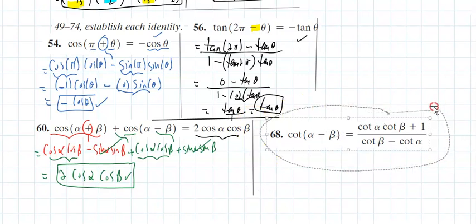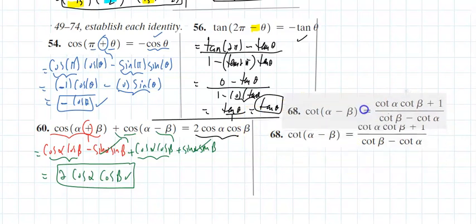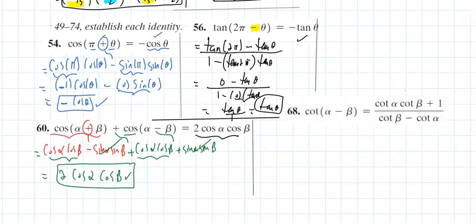If I look at number 68, in my mind, the right side is more complex than the left side. Because I know what the left side looks like. That's like the cosine of the difference over the sine. The right side has a bunch of cotangents.